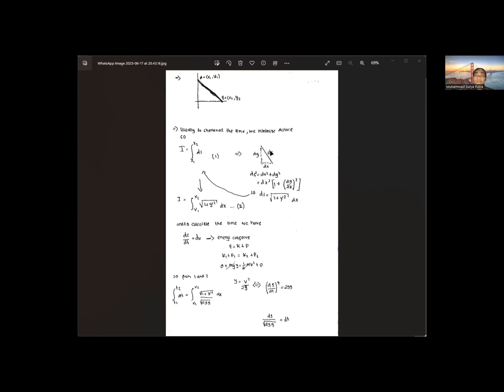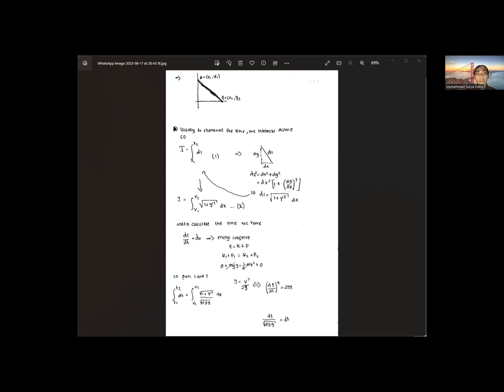The ds has a component dy, the vertical part, and dx, the horizontal part. With the Pythagorean theorem, we have ds squared equals dx squared plus dy squared. So we get ds as the square root of 1 plus y prime squared, dx.